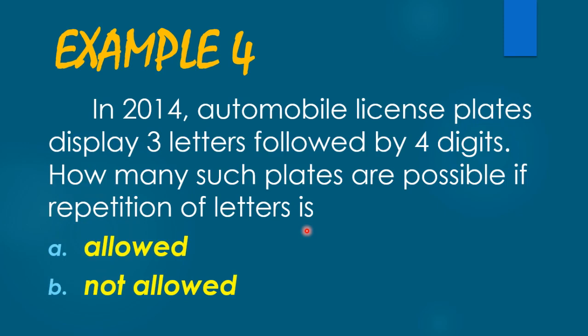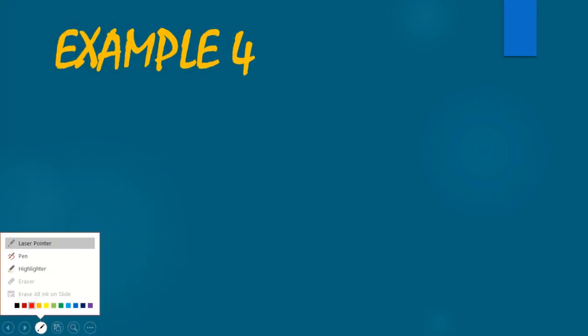Let us have first the condition wherein the repetition of letters is allowed. So again, we have 3 spaces for the 3 letters followed by the 4 digits.